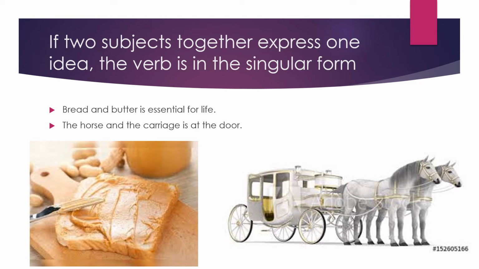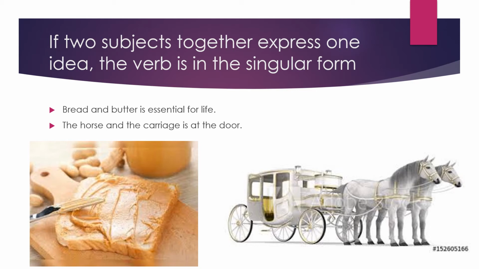It means that bread and butter taken as one, that is means of livelihood. So, bread and butter is essential for life means that is the means of livelihood. If you won't eat, you won't survive. So it is referring to livelihood, which is one thing. Therefore, bread and butter will be taken as one: is essential for life.